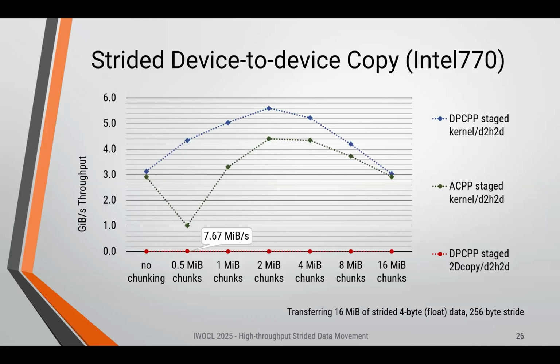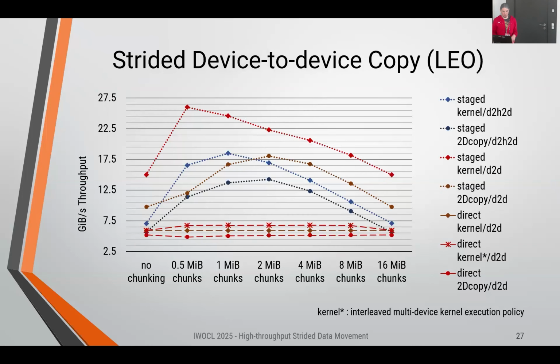Other than that, the overall shape is similar, but we see that there seems to be higher per kernel launch overhead or synchronization overhead in general, because the peak performance moves a bit to the right to larger chunk sizes. Finally, on Leonardo, actually the best performance was achieved with 0.5 megabyte chunks, which was again one of the more surprising things to me.